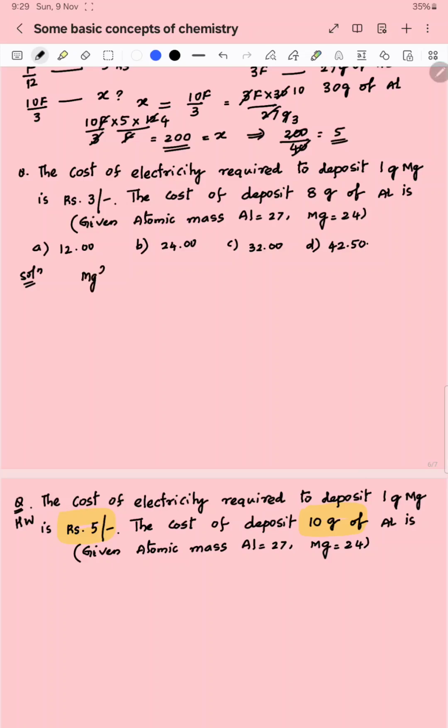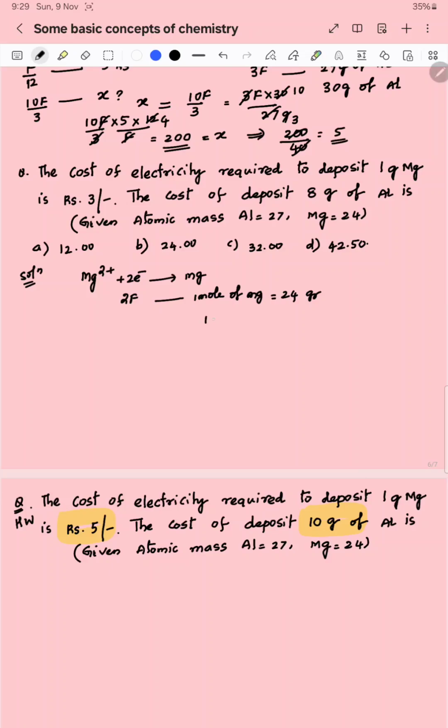So Mg2+ plus 2 electrons gives rise to Mg. So that means, student, 2 Faradays are required for what? 1 mole of Mg. That means 24 grams of Mg is deposited when we send 2 Faraday current through the electrolytic solution.